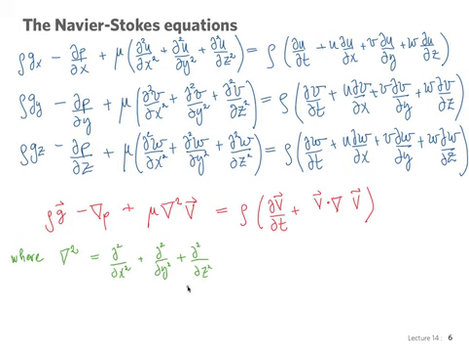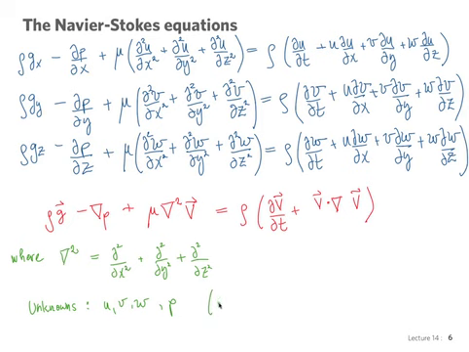So now what do we have? Basically our unknowns are still the three components of velocity and pressure. Density, if it wasn't known, we may have an equation of state that relates it to the pressure.